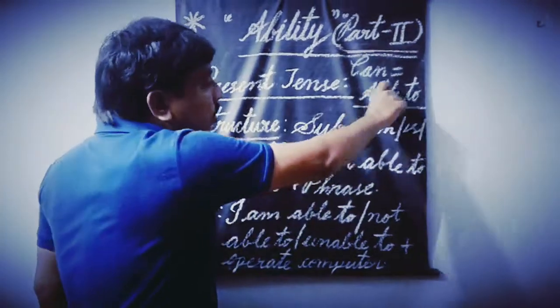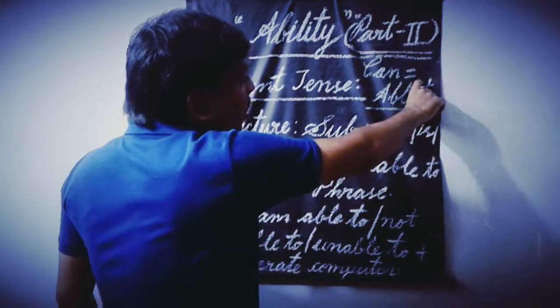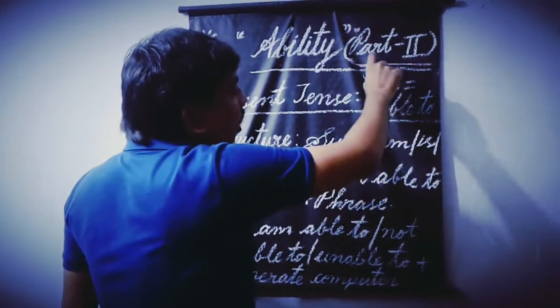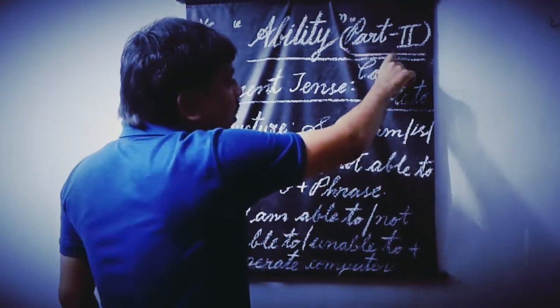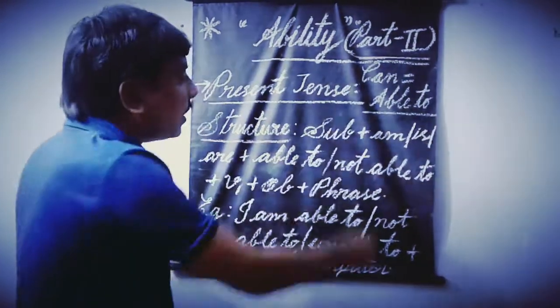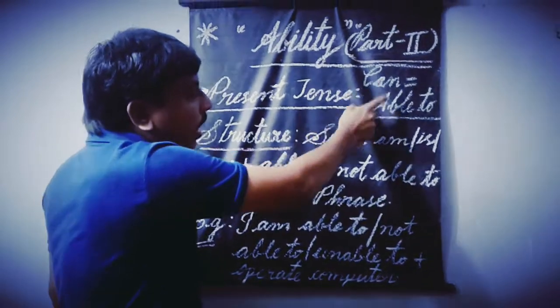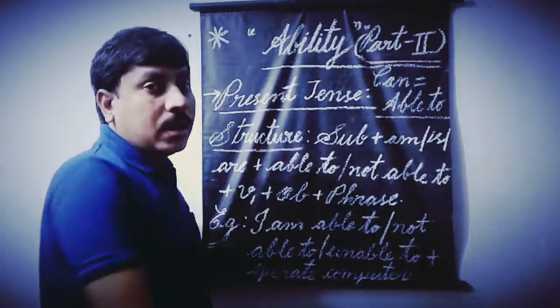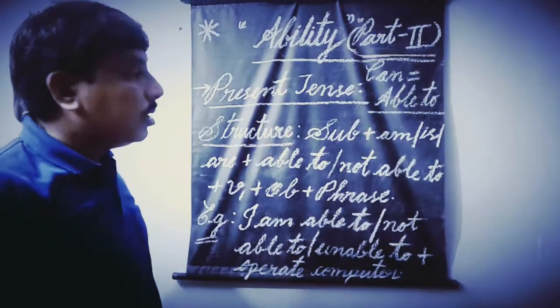Here able to is the continuous form for the modal auxiliary verb can.